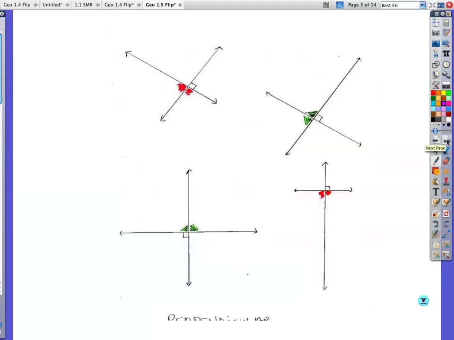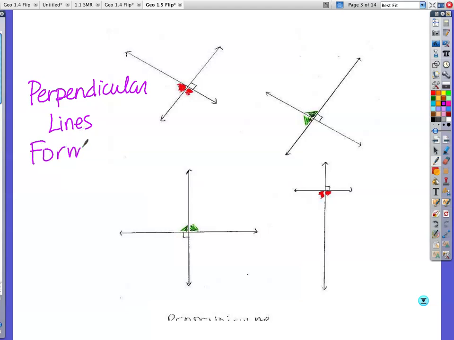In this case, our lines are perpendicular. So every example here, we have perpendicular lines. And they form right angles, or we could say 90 degrees.